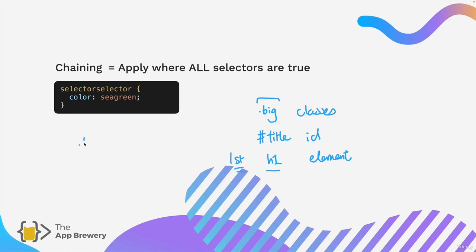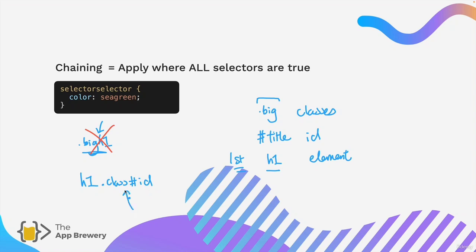Let's say you had a class of big and you wanted to say, well, it also is an H1. Because there's no space when we chain, this might just look like a class called big H1, which is not what you want. Always start off with the element if you want to chain an element. And then you can add on the class using a dot, or you could use the # sign to add an ID.